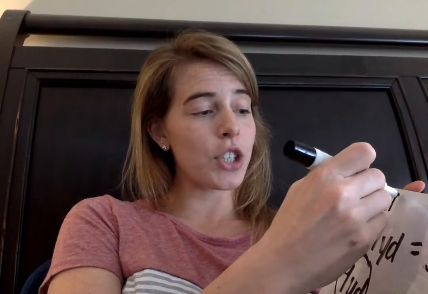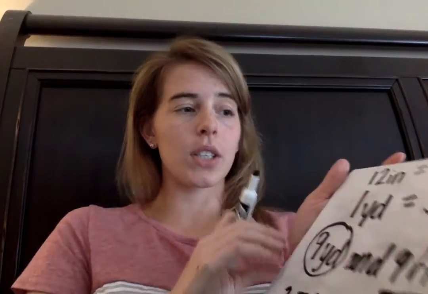Now, in some of the problems, you might also see a problem that has to do with inches and feet. Again, you always start with what you know. So in your mind, you should think, what fact do I know about inches and feet? And your answer is, I know that 12 inches are in 1 foot.